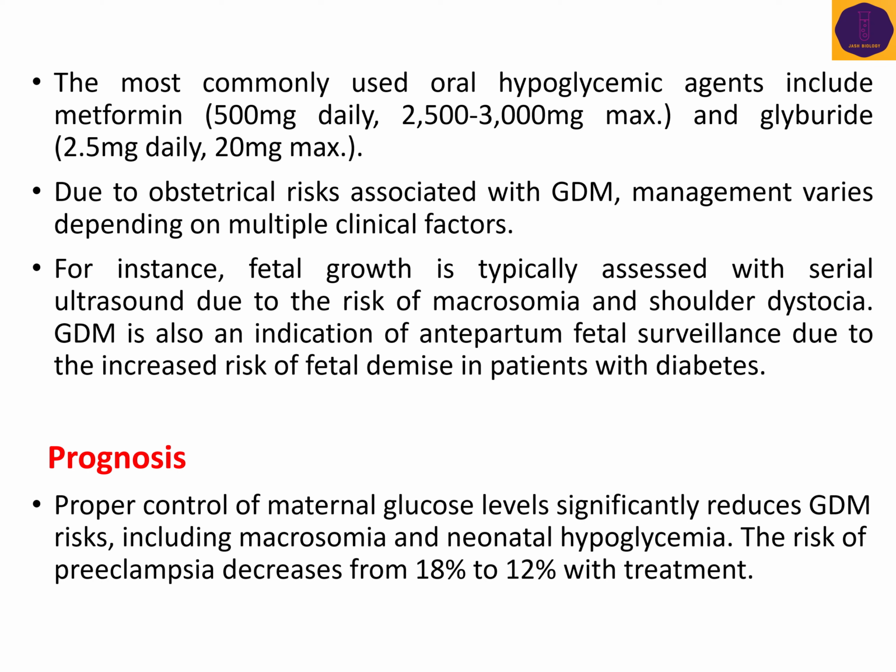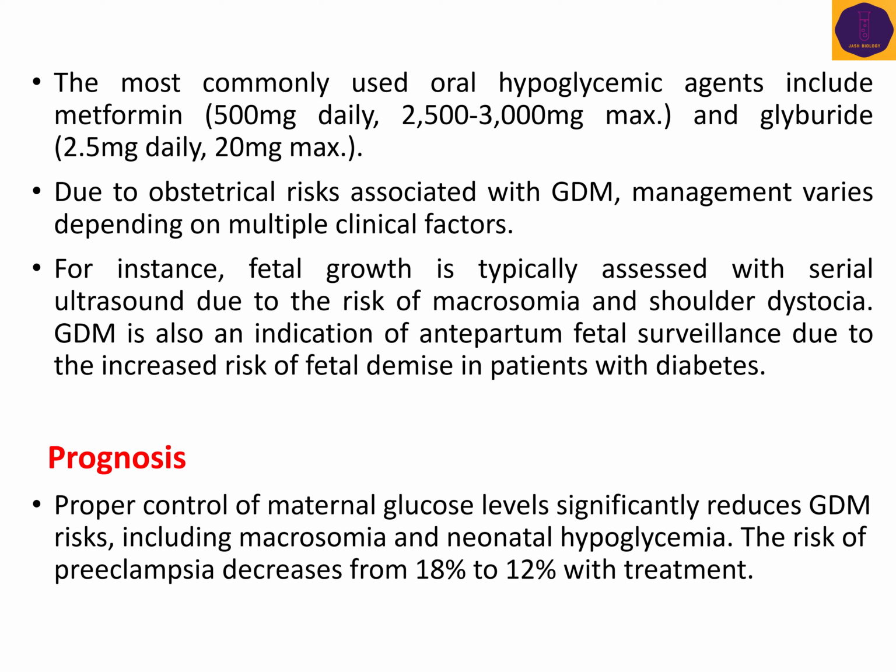Macrosomia is basically a condition in which the infant is larger than expected for their age and gender, with weight above the 90th percentile of babies of the same gestational age, whereas shoulder dystocia is a condition in which the baby's shoulder gets stuck after the head has emerged during vaginal delivery.